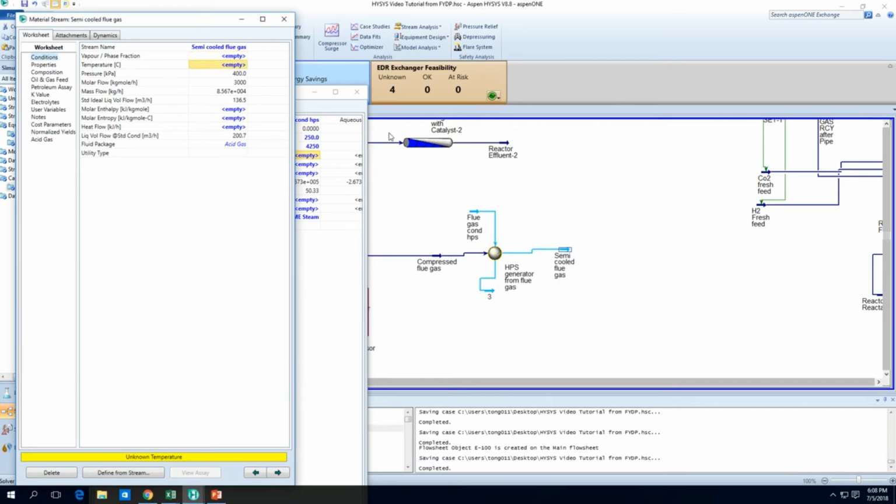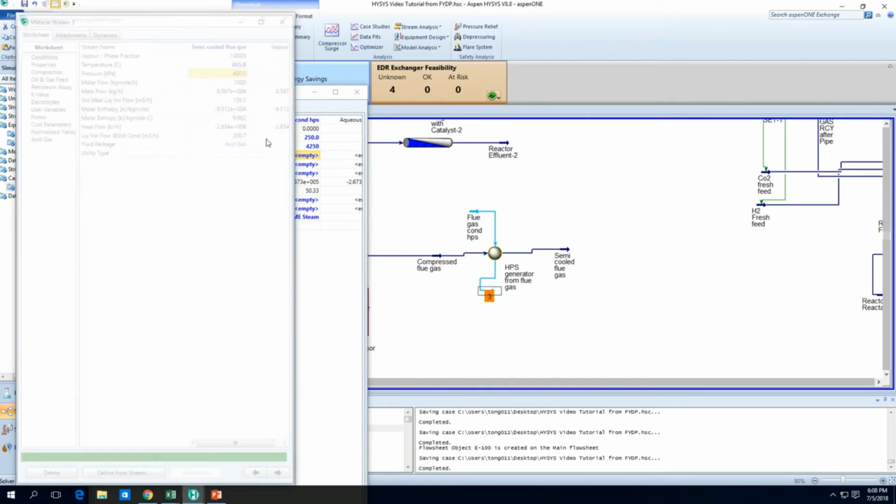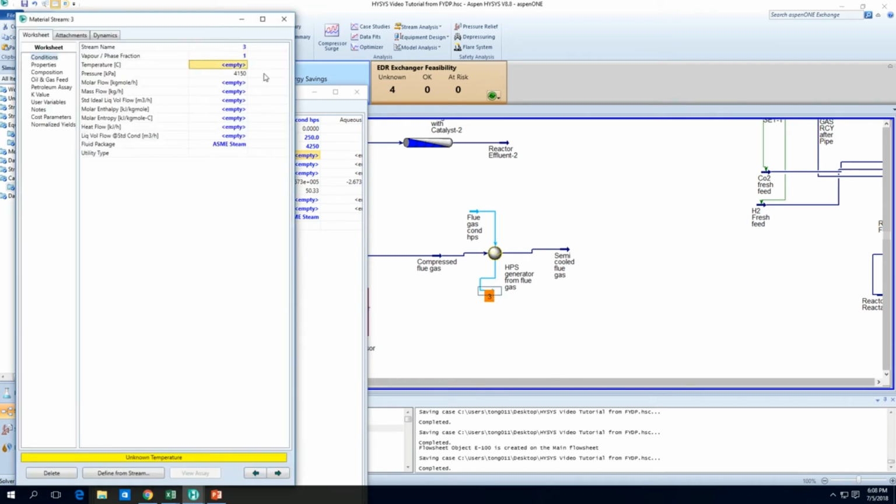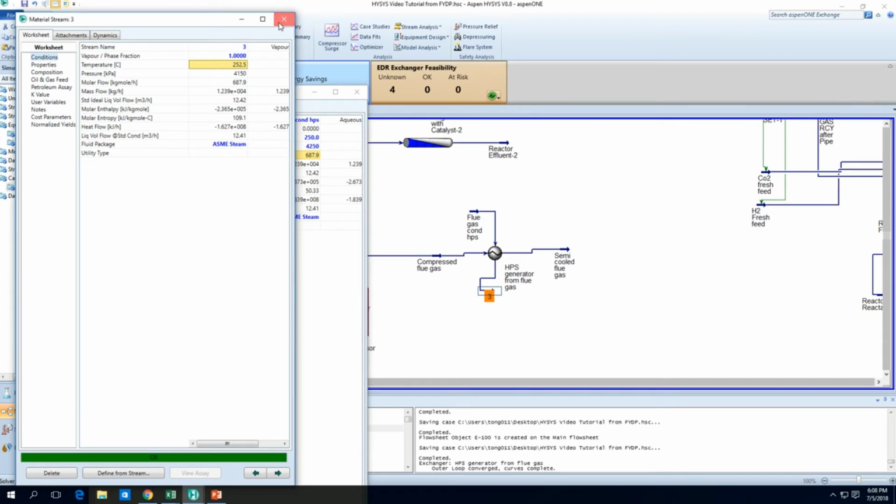And let's put a temperature to ensure the delta T min. We'll just cool it to about 265, thereabout, 265, 267. And here we will have fully vaporized high pressure steam for about 687.